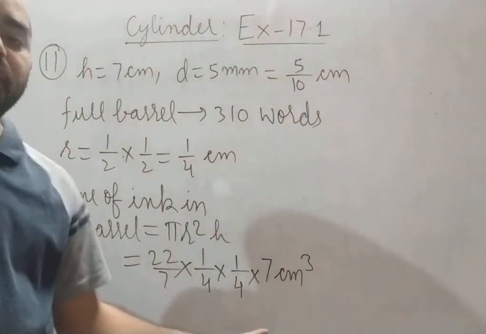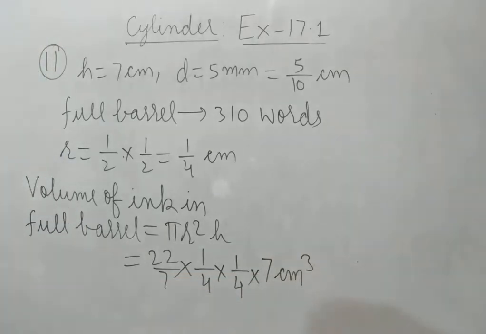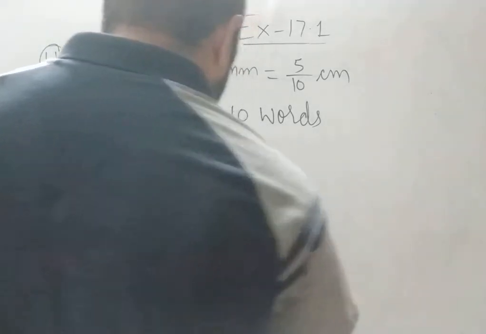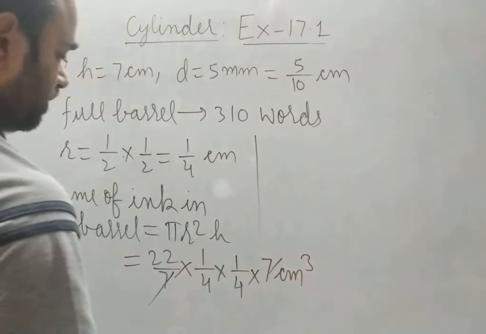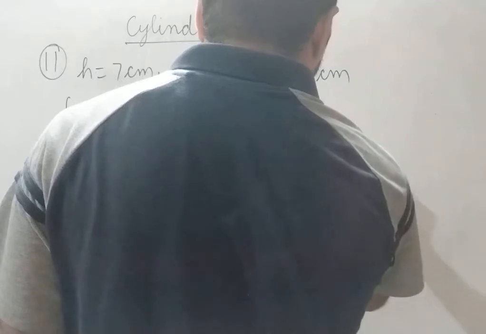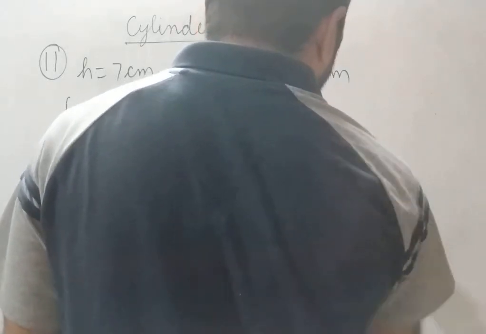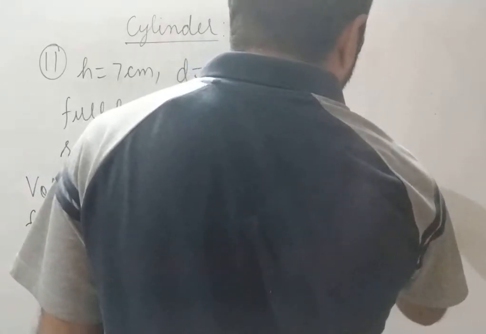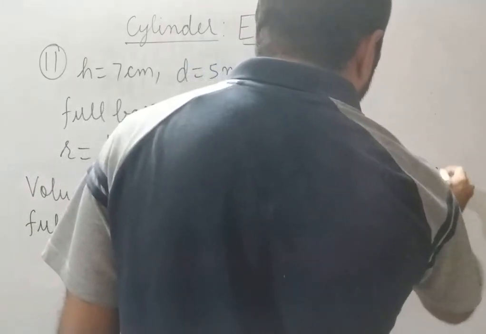So centimeter cube to liter we have to divide by 1000. So here it is 7 and 7 cancel. What is left? 22 upon 16. That is 11 by 8 centimeter cube.